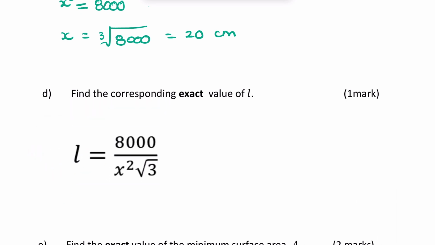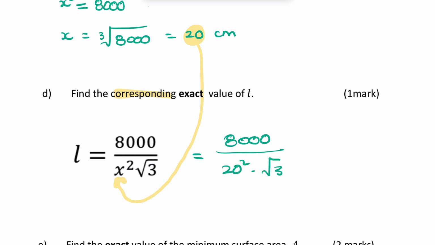Because they're saying the corresponding, that means corresponding to the value of x as 20. So you can simply calculate it like that. So it's 8,000 over 20 squared root 3. And because they ask for the exact value, don't put it in your calculator. Just leave it, but make sure you rationalize the denominator. So you'd multiply by root 3 over root 3.